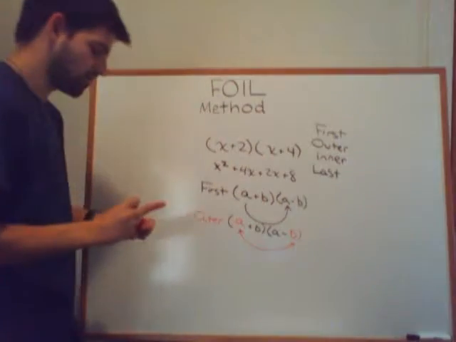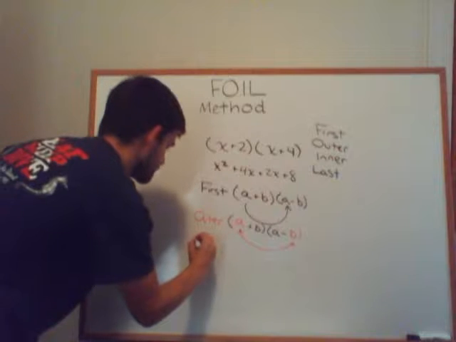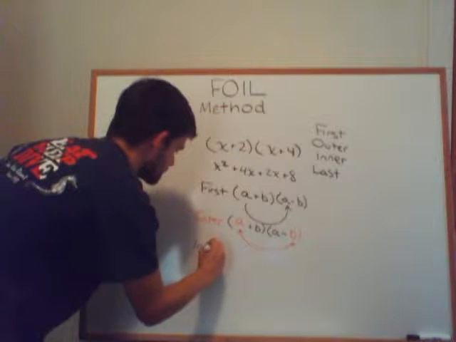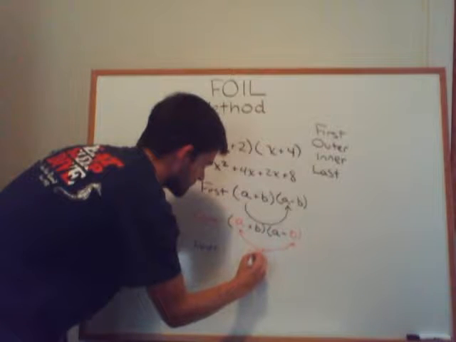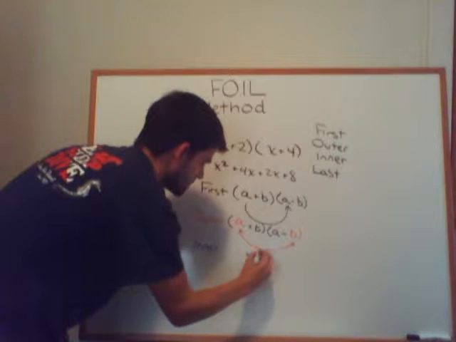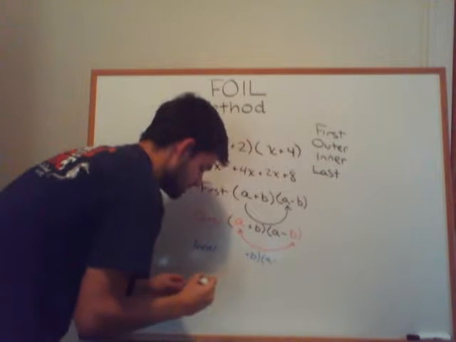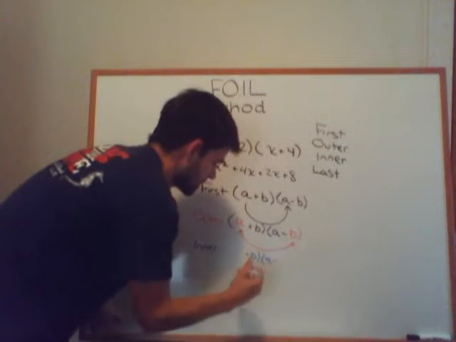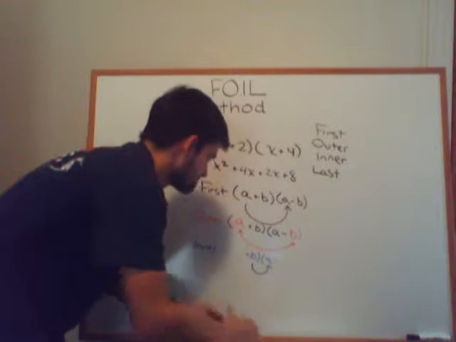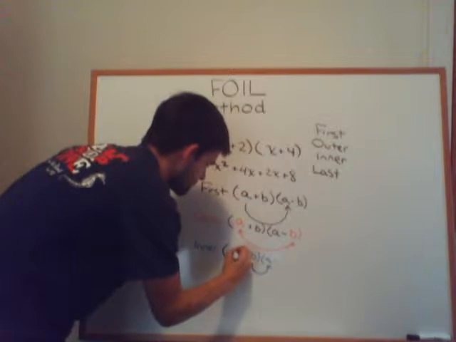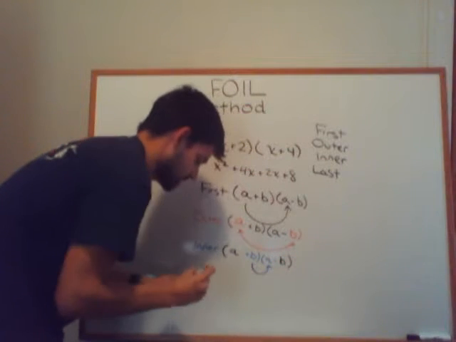And again, this is all multiplication. For inner, it's going to be the inner parts of the binomial expressions. Okay.